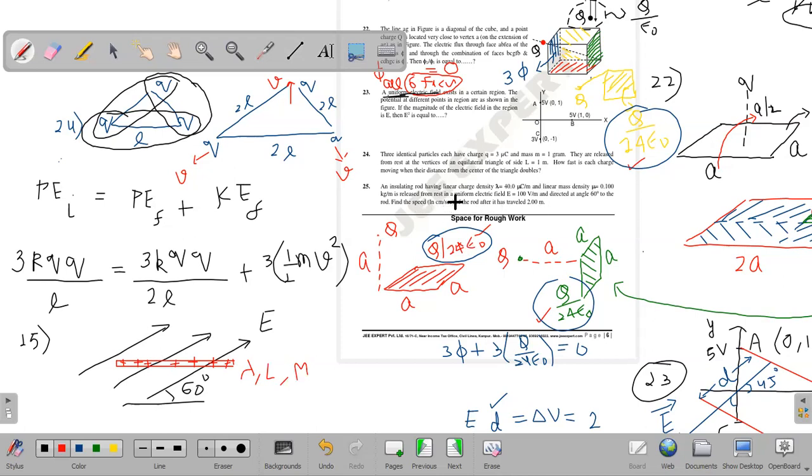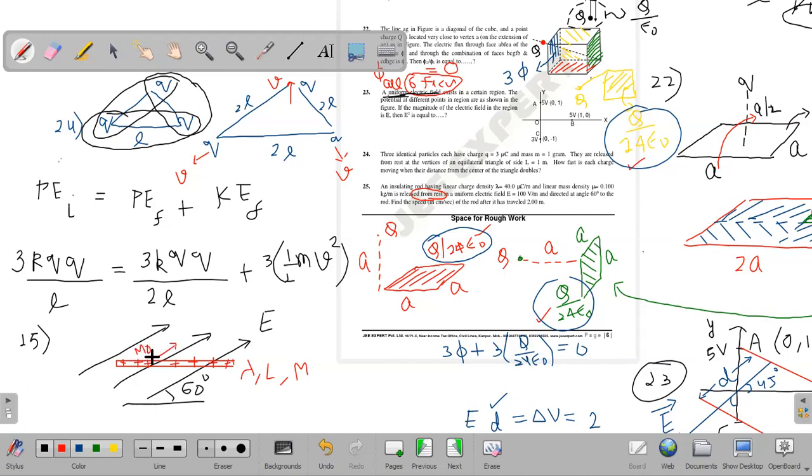Remember, this is released from rest. And whenever a charge is released from rest and the electric field is uniform, that charge will move along the field. This wire will start moving parallel to the electric field.